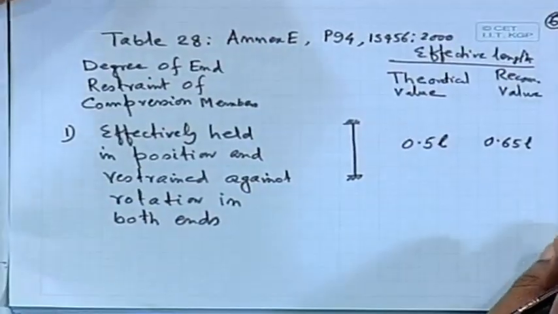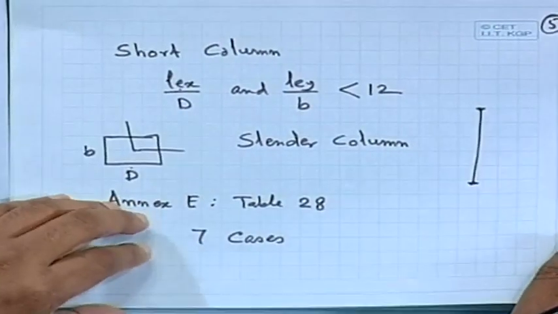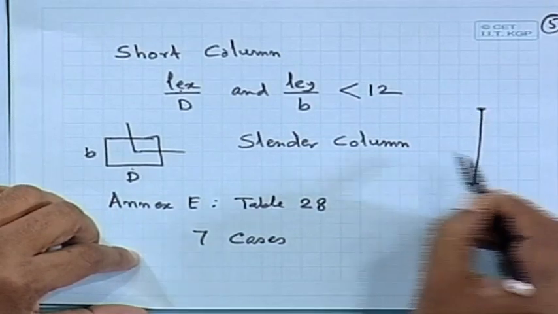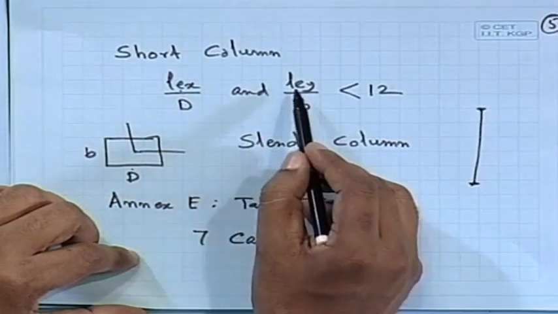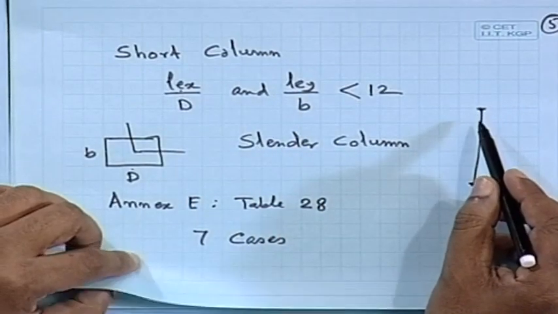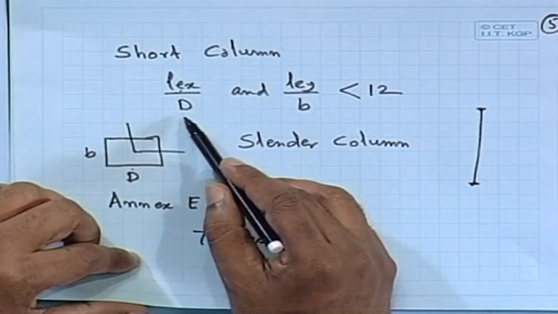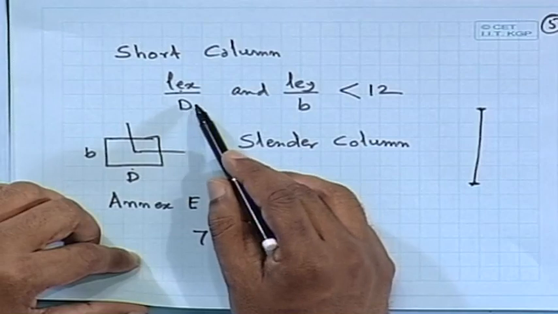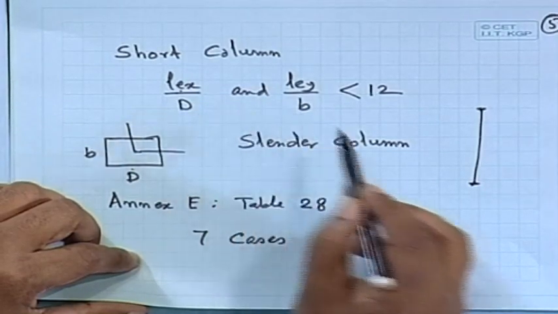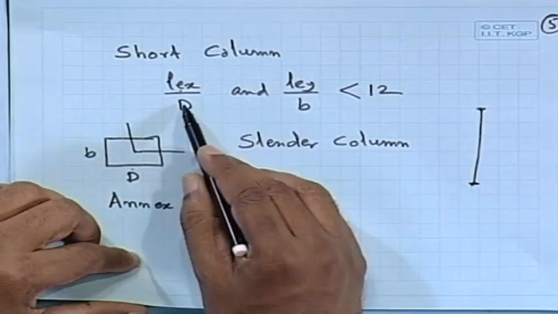So, if I go back to the previous one, it means that if it is fixed, then we have to find out suitably Lex and Ley from the length given, and then we can divide by the D. That means, in another way, it will govern us to find out the D also, because if we know the effective length Lex, then we can find out what should be the dimension.